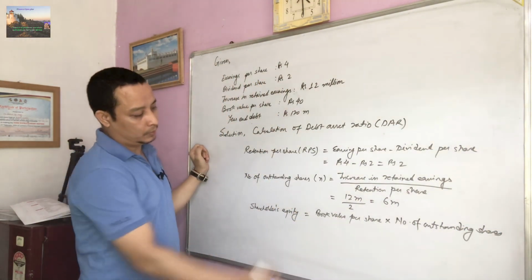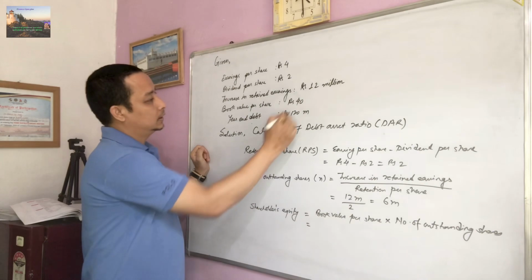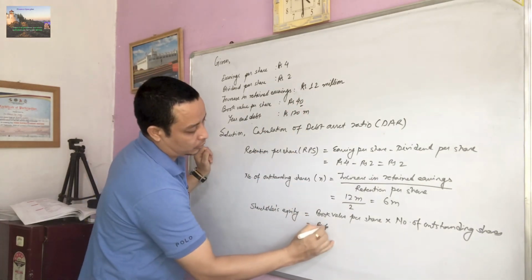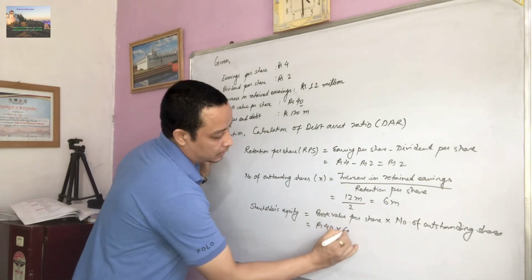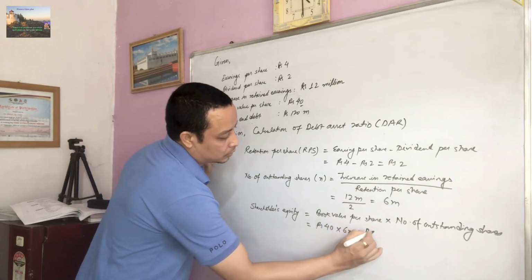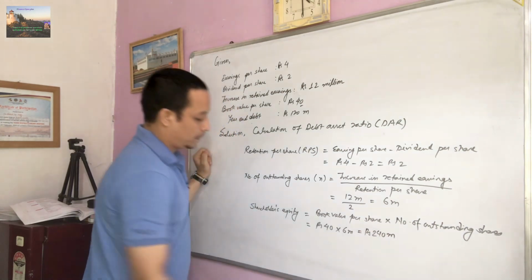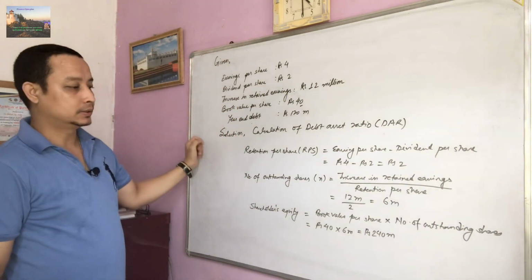Book value per share is given in the question as 40 rupees and number of outstanding shares is 6 million. So rupees 240 million is the shareholder equity.